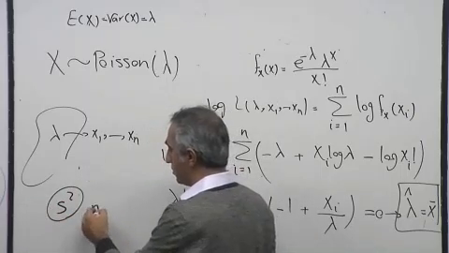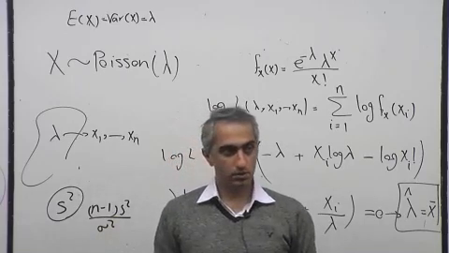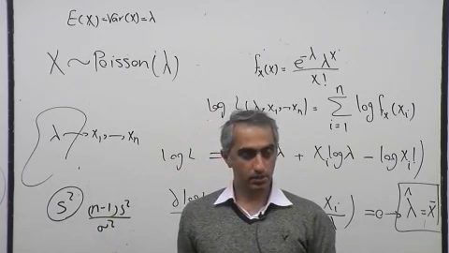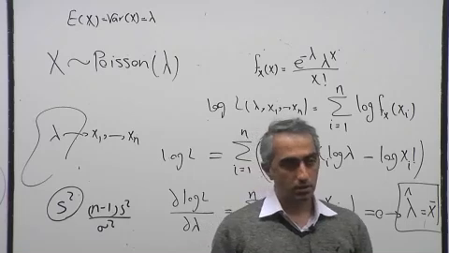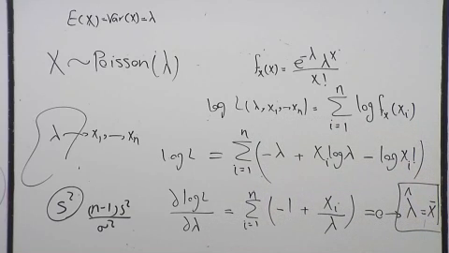Because I know that n minus 1 S squared divided by sigma squared follows a chi-square distribution. Is that what you're asking or not? No, I was just asking if we wanted to get a confidence interval for variance. Variance of Poisson distribution or variance in general? Just variance in general. Oh, okay. Could we use this fact as well or no?